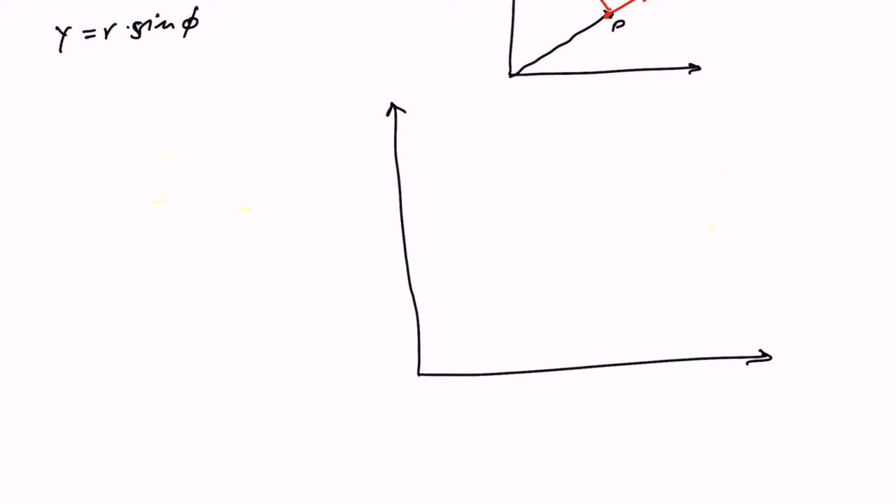When you have a point P which moves and after some time comes to a point Q, and this is the angle here. So it's going to cover this distance delta r here. So we want to know what this delta r is.